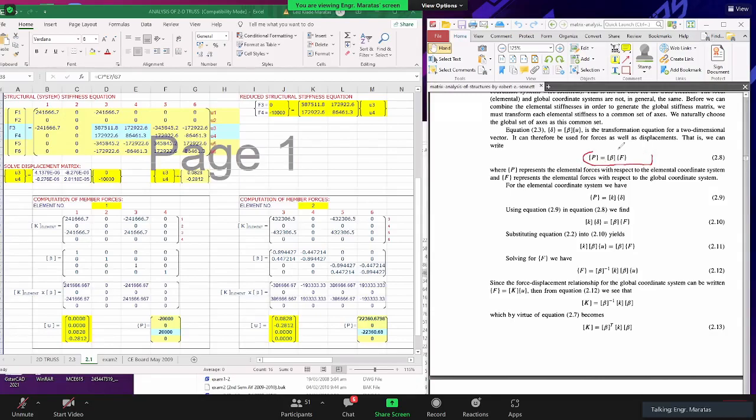So to compute the member forces, you have the beta matrix and the force matrix. But this is per element. This force matrix is K times U, no?